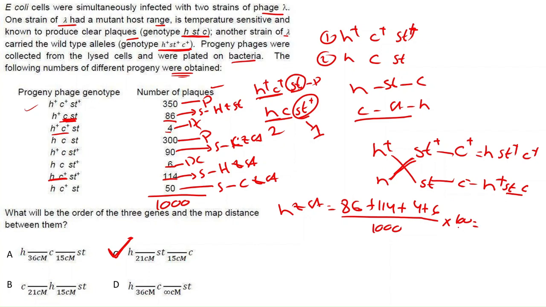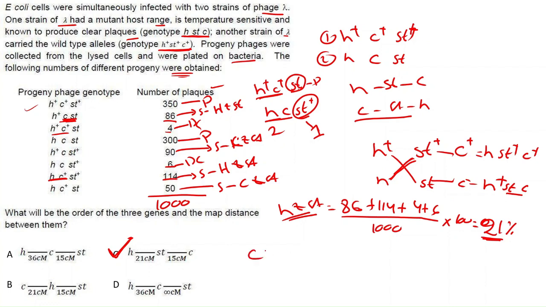So 86 plus 114 plus 4 plus 6, you will get 210, so you get 21%. So 21% recombination means 21 centimorgan between H and ST.